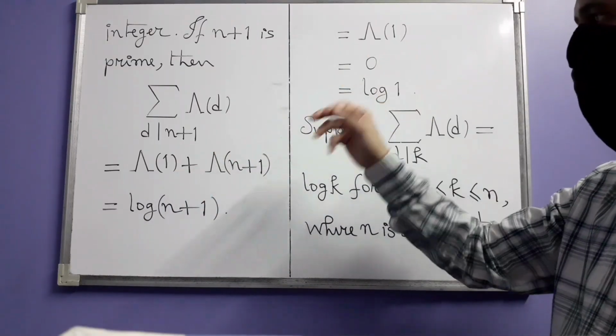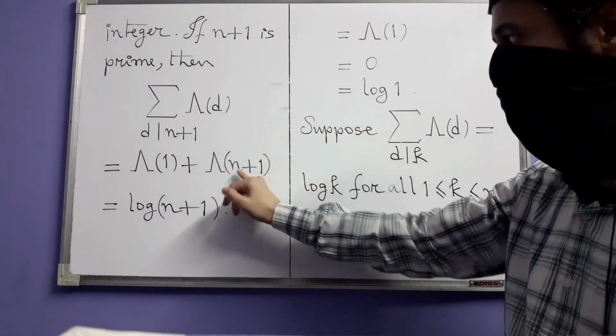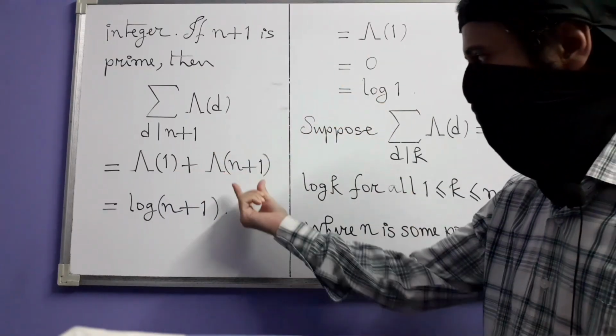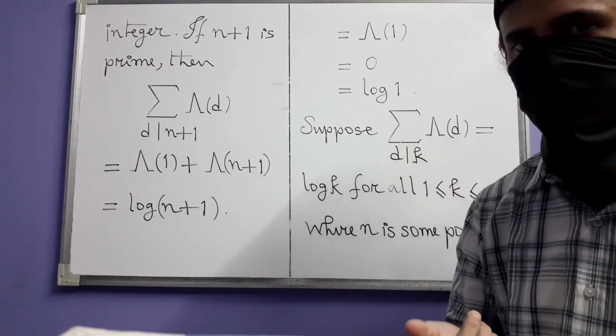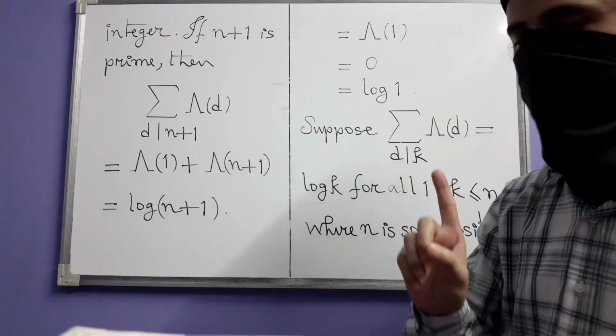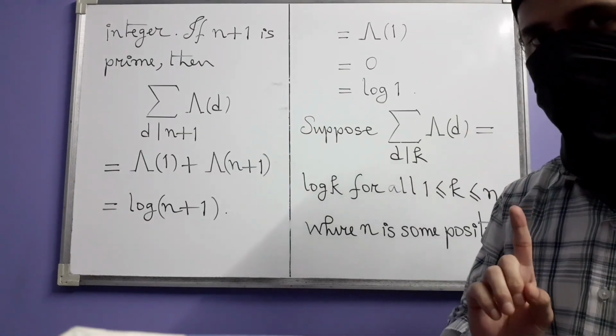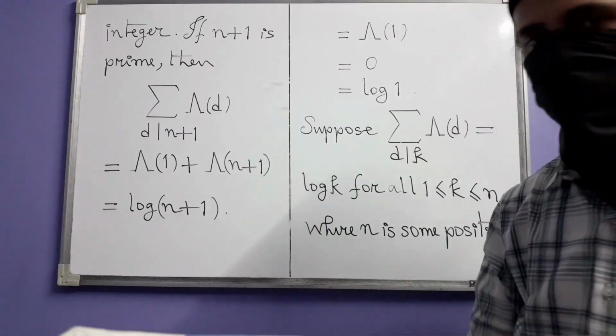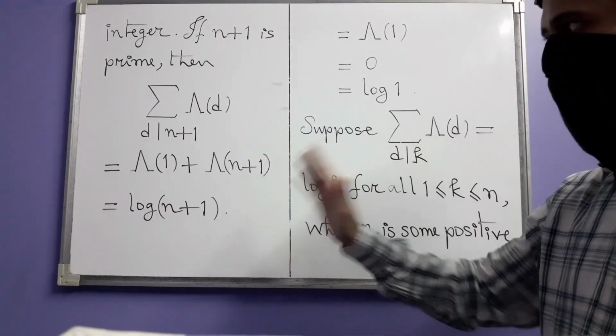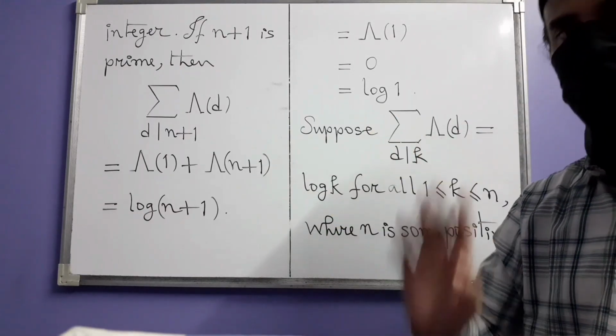Lambda of 1 is 0, so that vanishes. And what is lambda of n plus 1? Note that now n plus 1 is a prime, so it is in particular a prime power also, where the exponent is 1. The exponent is positive here, and that is why by definition lambda of n plus 1 is log n plus 1. So we see that we are in fact getting what we want in this case.